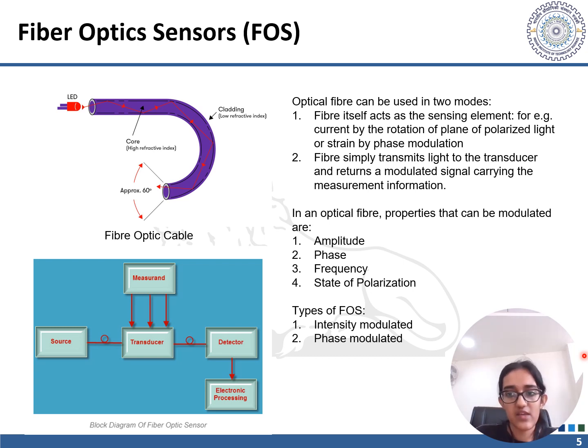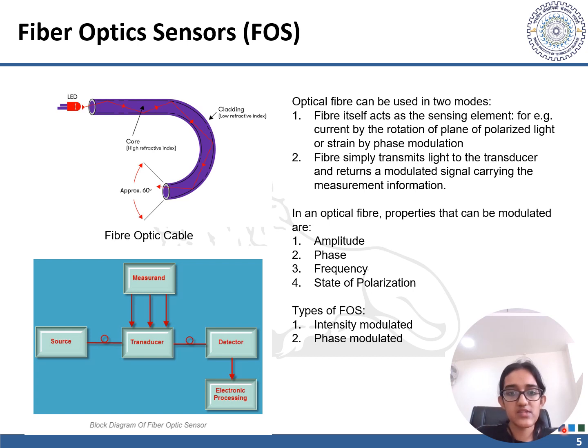Second is the phase modulated fiber optic sensor. Again, as the name suggests, here we are using the change in the phase of the light. We use an interferometer to split the light from a coherent source into two fibers. One is your reference fiber and the other is a sensing fiber.